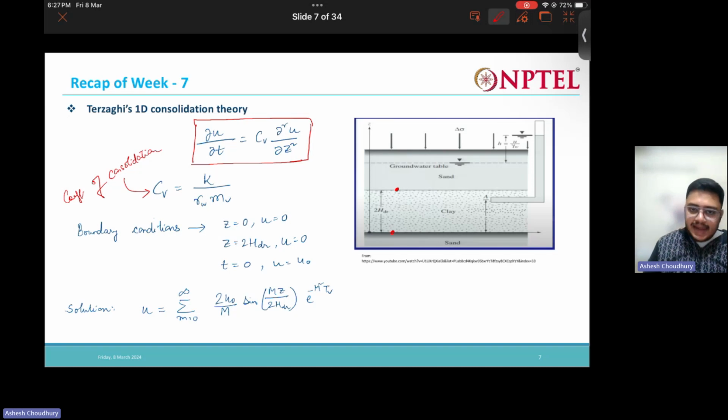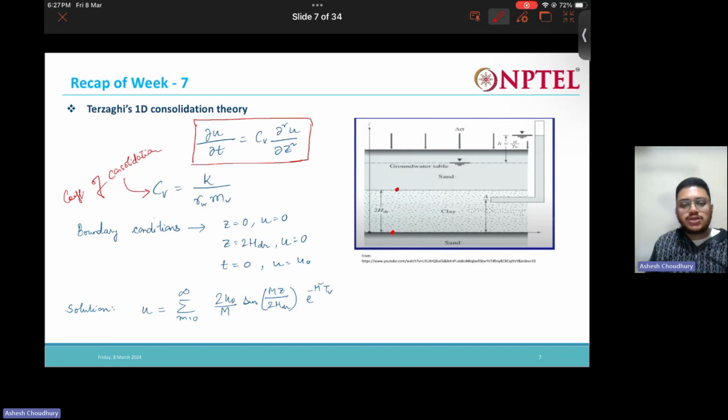because we have a clay layer which is sandwiched between two drainage layers, that is two sand layers. Sand is the drainage layer, right? So here we have the condition of double drainage, because from both the top and bottom of the clay layer, the water can drain out. In double drainage condition, at the top the water can immediately drain out, and at the bottom also the water can immediately drain out.